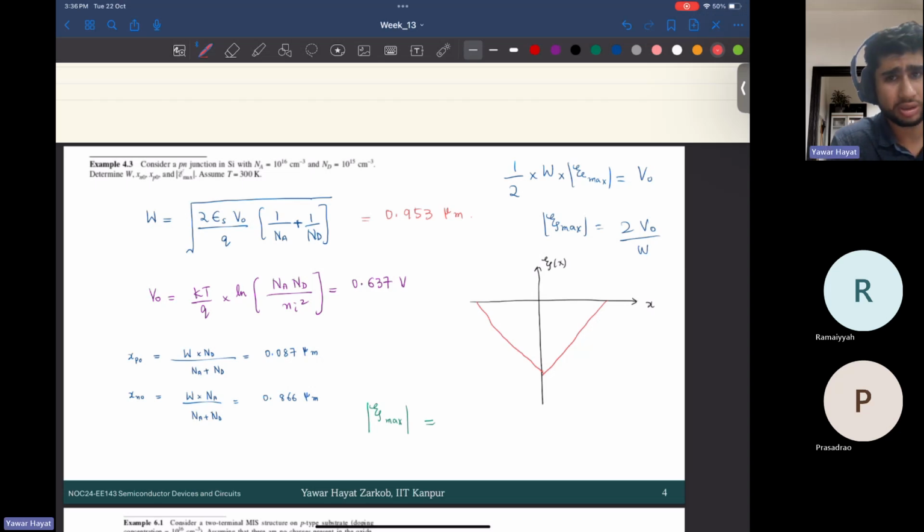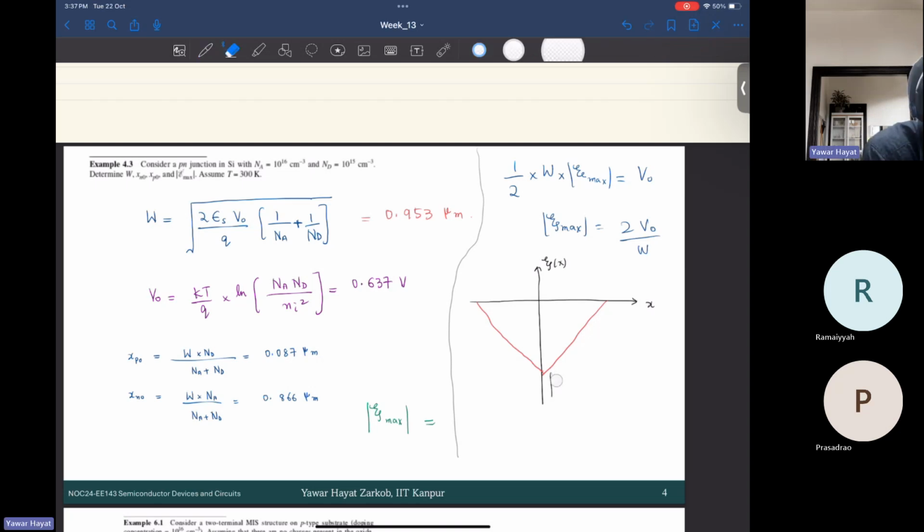I have not drawn this to scale, because on one side this would have more slope and on the other side it would have less slope, right? But I'm interested in first showing you how we arrive at this formula. So this is the E max magnitude, and when you integrate this, I should draw this a little.